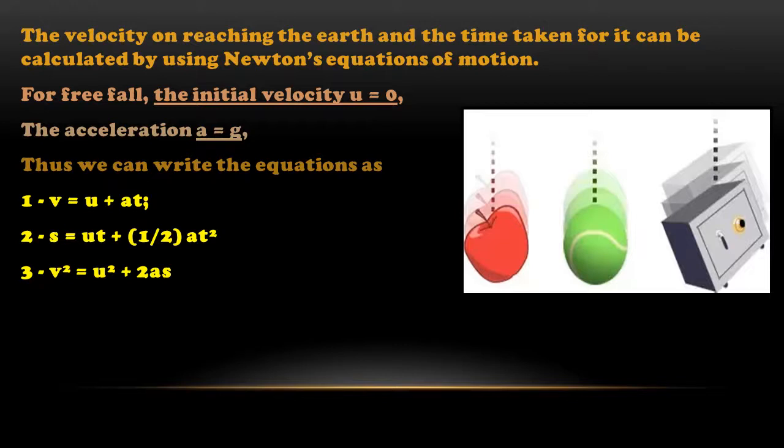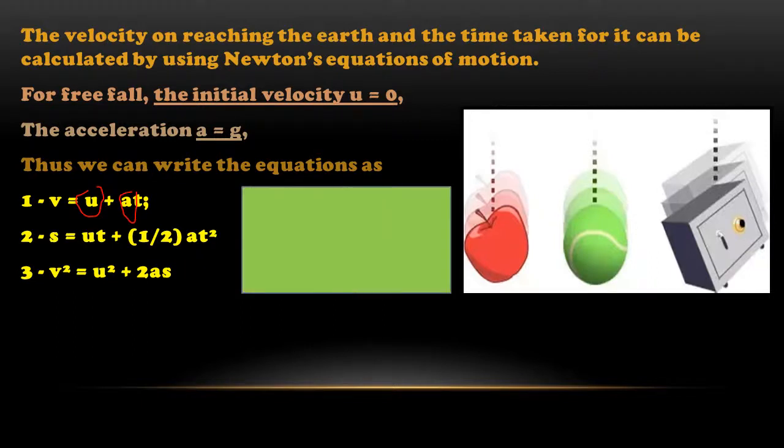In these three equations, we just have to write 0 in place of u because the initial velocity is 0, and replace a by g. Let us see how the equations will change. u is equal to 0 and a will be replaced by g. The first equation becomes v = gt, because u is 0 and a is g.